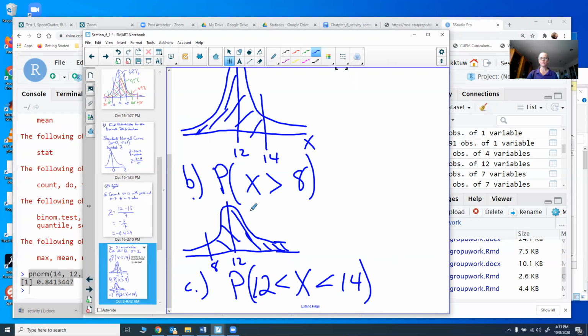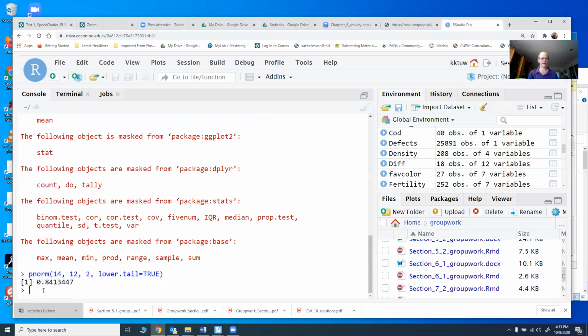And again, I'm going to do this in RStudio. So go back into RStudio, and again, it's p-norm. If you notice, when you type p-norm correctly, it tells you kind of everything you want to do. We're going to start off with our x value, which was 8. Our mean was 12. Our standard deviation was 2.